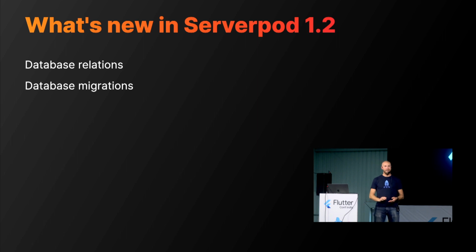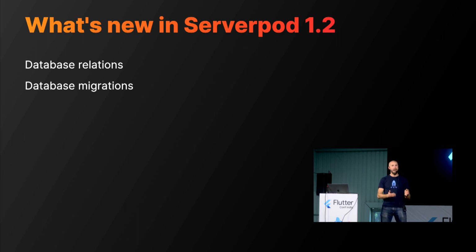We add database migrations that make it possible, when you add new models to your database or change your models, to automatically provide a path to update those. And you can also apply them. You can get an SQL query, and you also have a way to apply them through Serverpod.